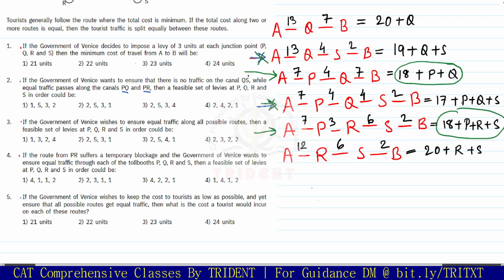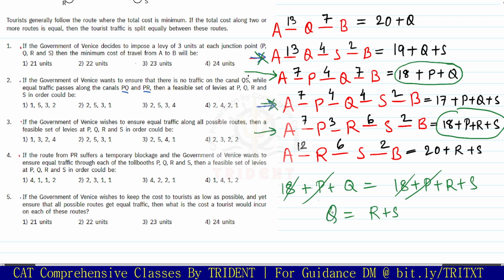So if these two routes become equal, that is 18 plus P plus Q equals 18 plus P plus R plus S. 18 plus P cancels, you get Q equals R plus S. Now this was one of those very interesting equation solving type of scenarios. So you could actually make sense.